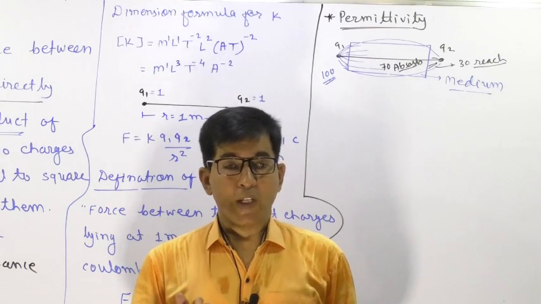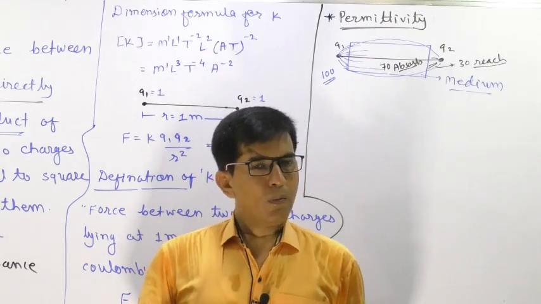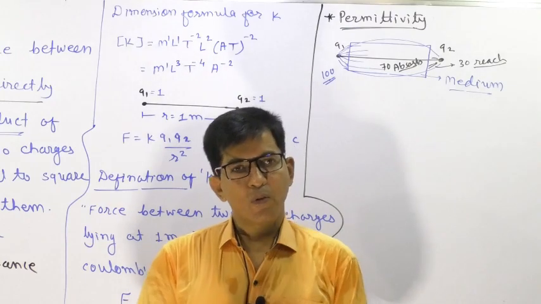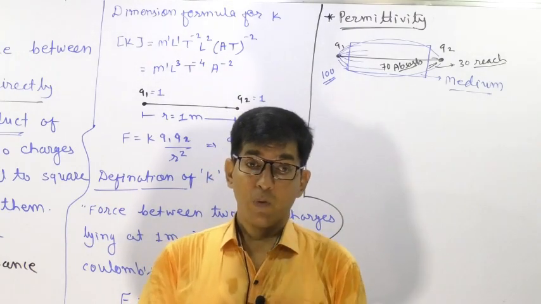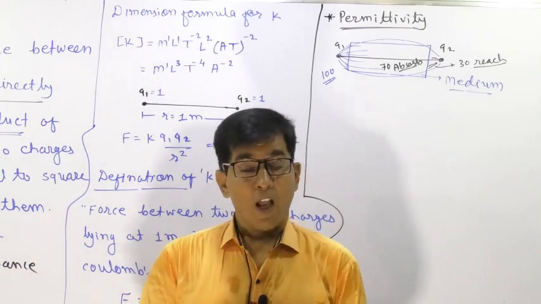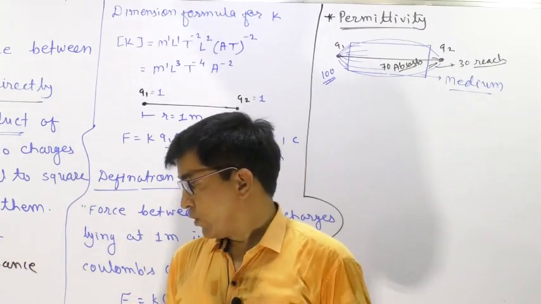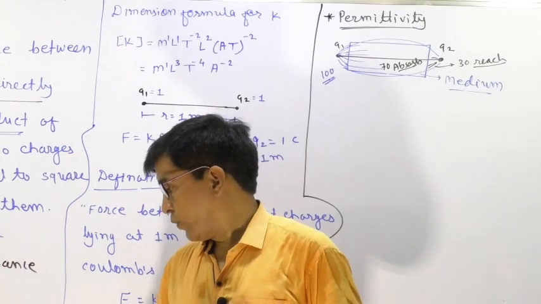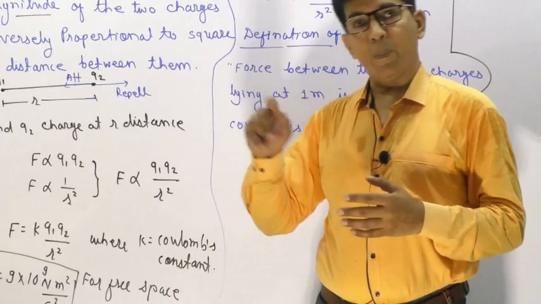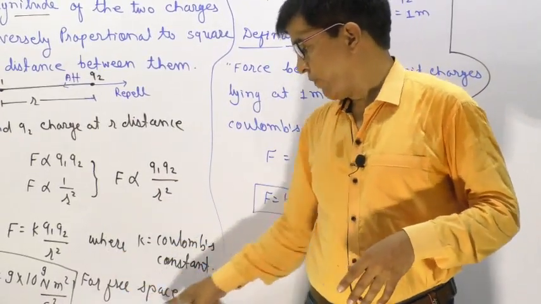So force can be decreased in a medium. Then what can be the maximum force? The maximum force would be in free space. So Coulomb performed and explained this experiment for free space, and we have written here that K is Coulomb's constant for free space.